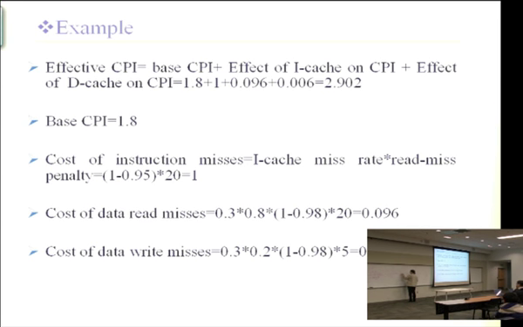Then they are D cache CPI plus I cache CPI. So how do we calculate each one of them? Well, for base CPI, as I said, it's 1.8.